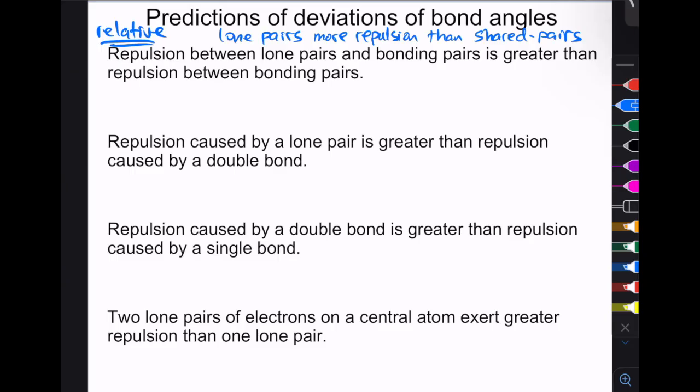If I were to take two examples here, let's go back to boron trihydride with an SN of 3. Now, what's the bond angle between all three of those bonds? 120 degrees. They're all the same.